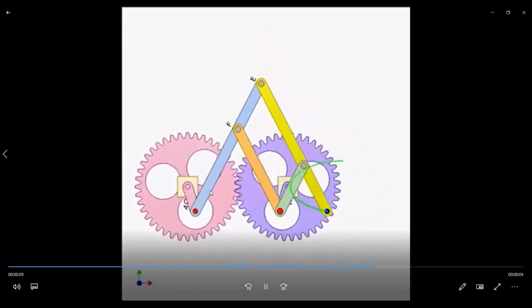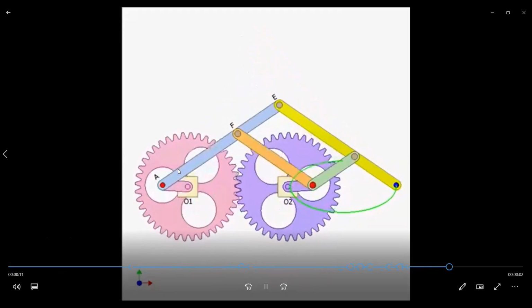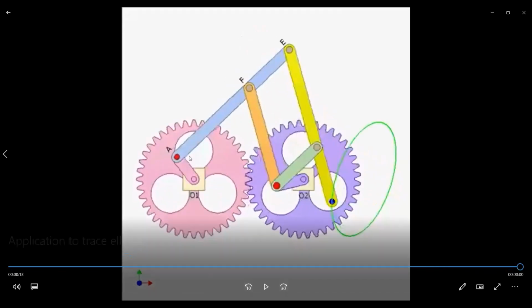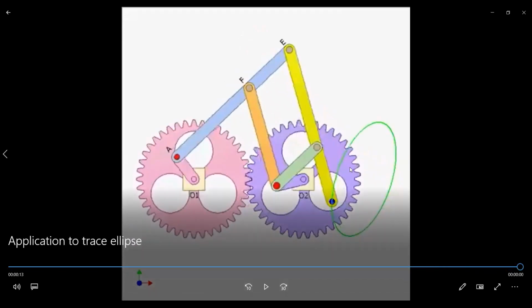Why am I calling it a modification? Because here point A is not fixed. So it is about the pantograph.